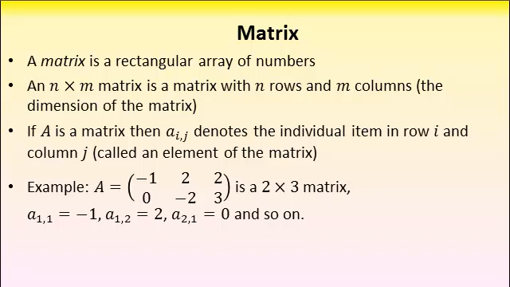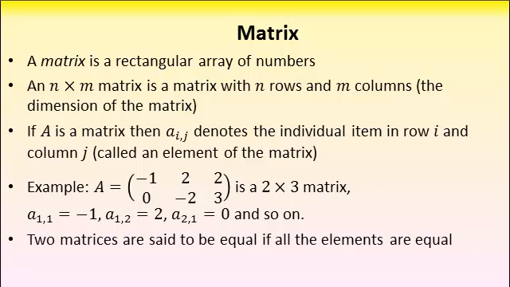We also have this natural definition that for two matrices to be equal, all the elements must be equal. So two matrices are only equal if they have exactly the same dimension and every element is the same in these two matrices.